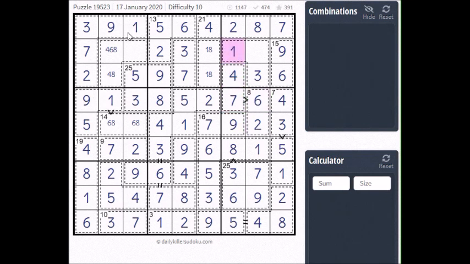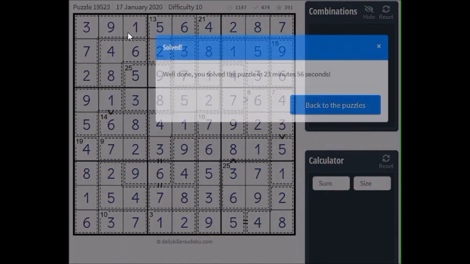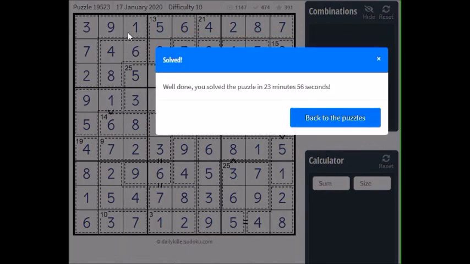So this is 4, 1, and here we have 5, 8, 1, 8, 4, 6, 8, and finally we have a 6.